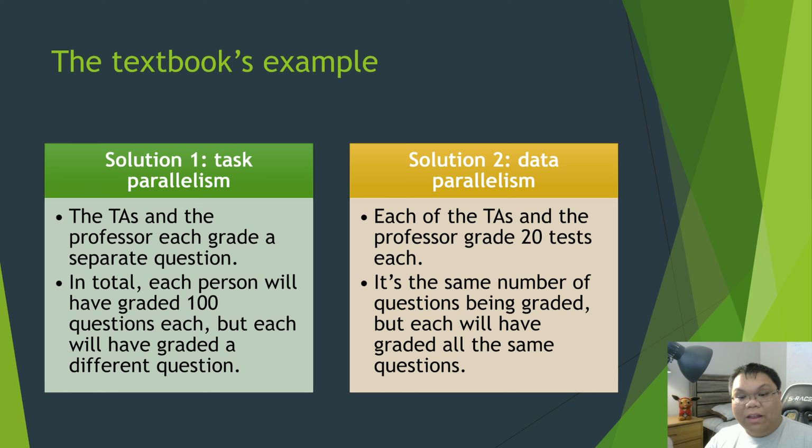So in effect, they will have graded the entire exam, but only 20 times. Same number of questions being graded, but they will have graded every question. That's the data parallelism solution. The task parallelism solution is they'll have graded one instance of the same question 100 times.